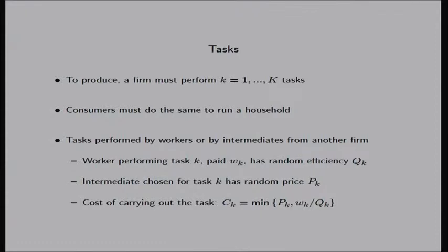And then the cost of carrying out the task in the end is just the minimum of carrying it out with labor, where the cost is the wage divided by the efficiency, or carrying it out by purchasing this intermediate instead at a price of pk.